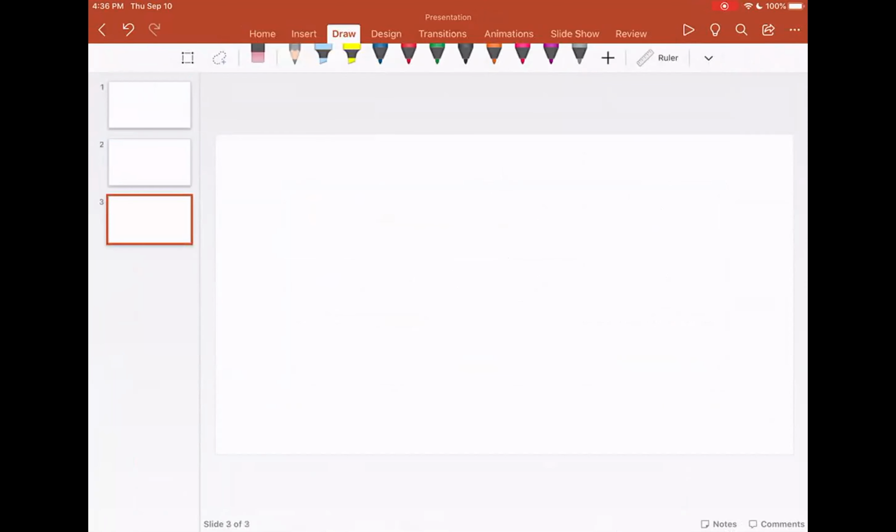Okay. So let me explain the concept behind inverse kinematics.